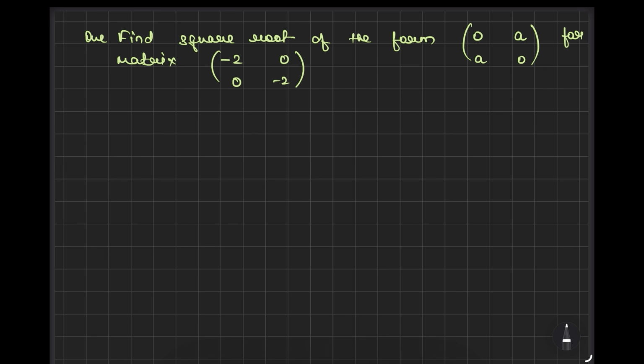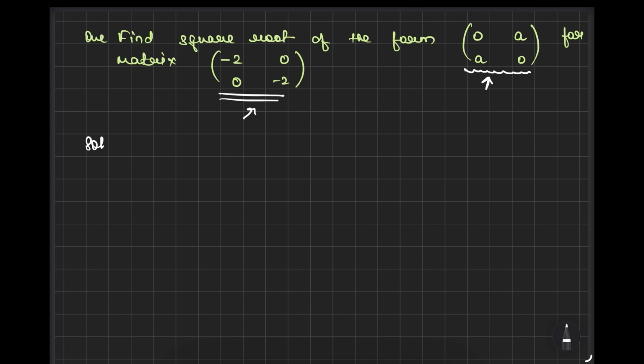So, we are back with a wholesome new question which says: find the square root of the form this, for the matrix this. So, it is the square root of this matrix.